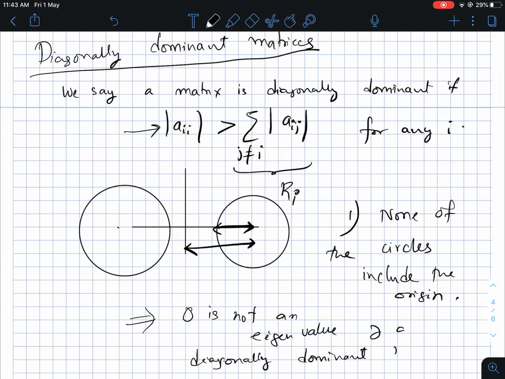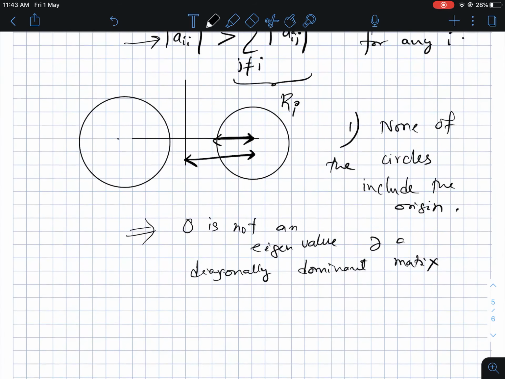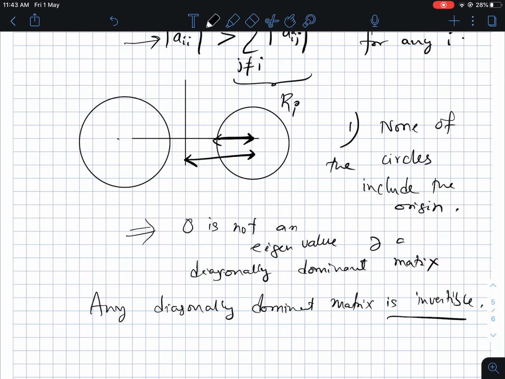0 is not an eigenvalue of a diagonally dominant matrix. In particular, that means that any diagonally dominant matrix is invertible. You can see that it is extremely simple coming from the circle theorem.